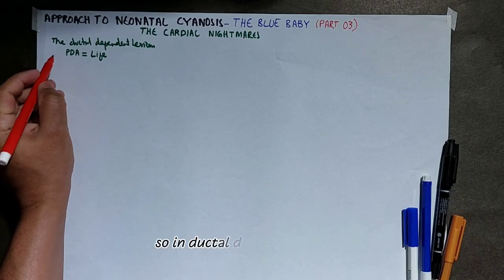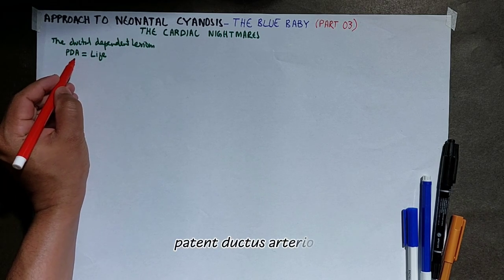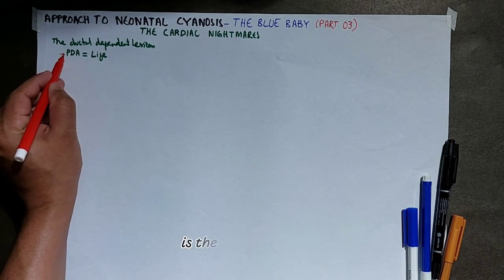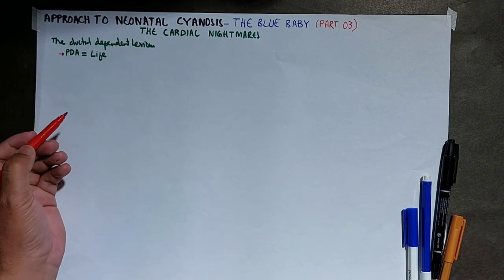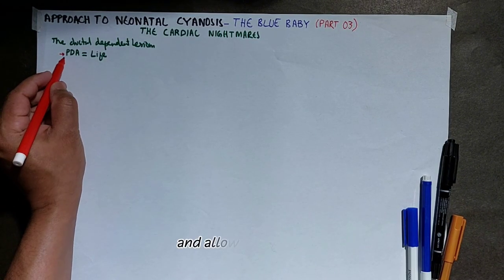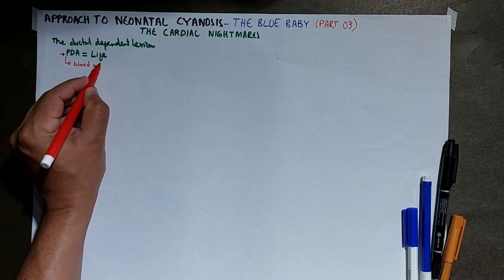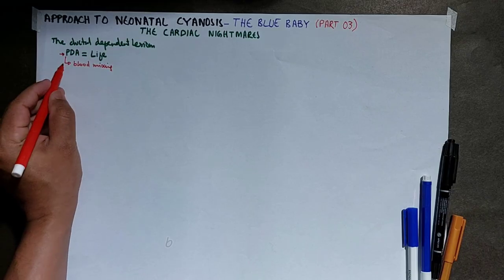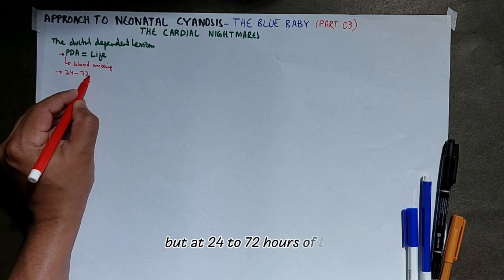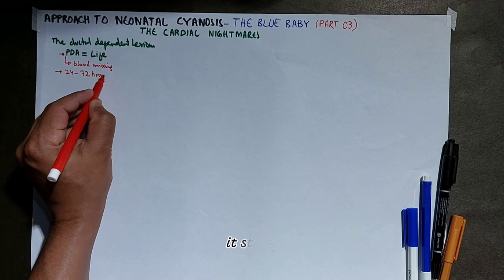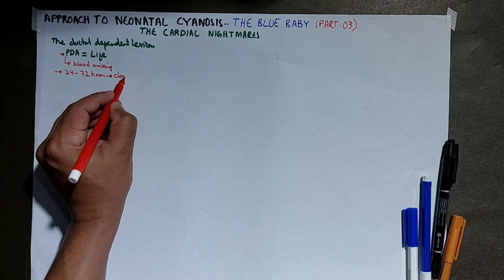So in ductal dependent lesions, patent ductus arteriosus is the lifeline because it bypasses the obstruction and allows blood to mix. But at 24 to 72 hours of life, it starts to close.